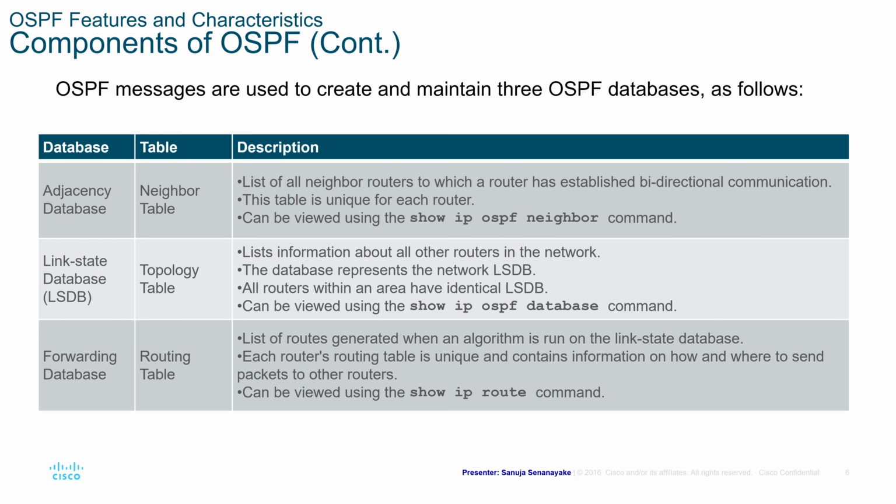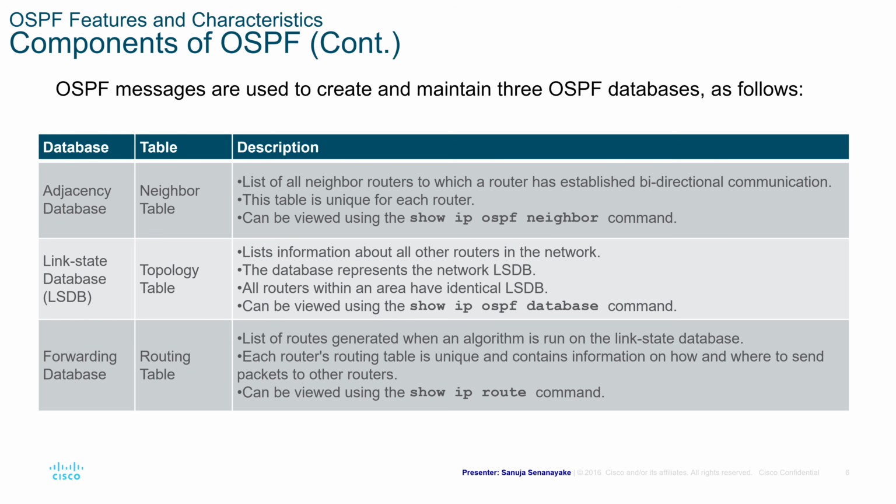This table is unique for each router and can be viewed using the show ip ospf neighbor command on your Cisco routers. So if you have a Cisco router with OSPF set up, you can run the show ip ospf neighbor command, and that will get you the table for the adjacency database.